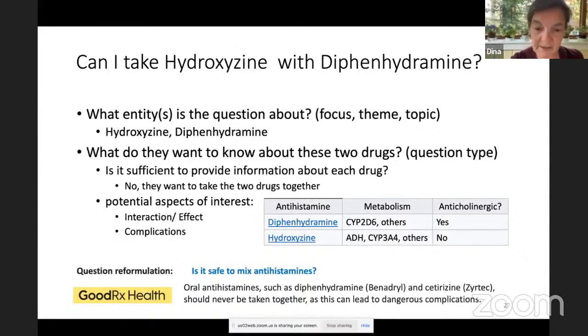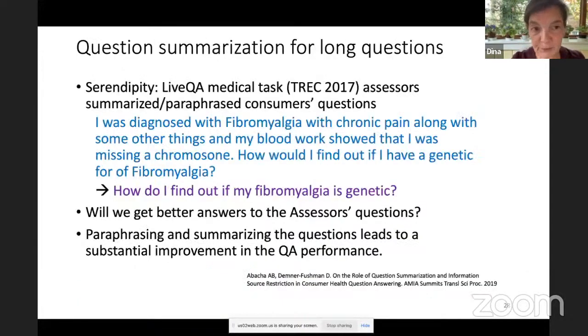So here you can see that the expected answer type was no, but to provide support and evidence, we also need to then backtrack through all the steps that I just discussed and tell the patient that these two drugs are antihistamines and you shouldn't be taking the two antihistamines together for the following reasons. So this is the system that we want to have, but we are not there yet.